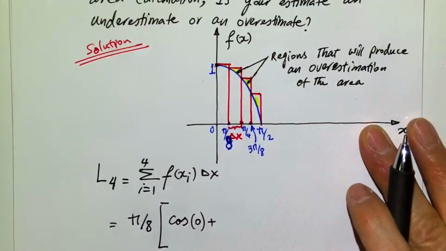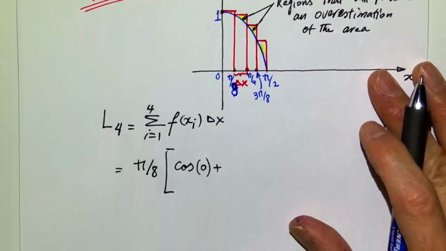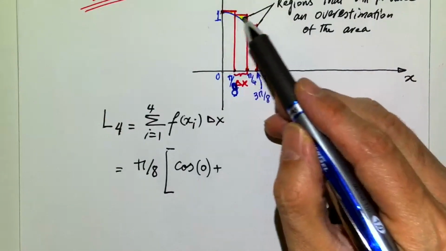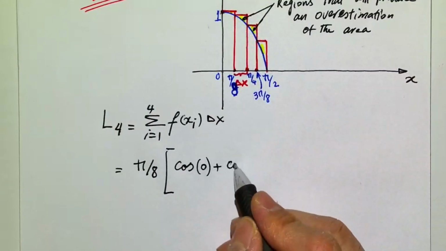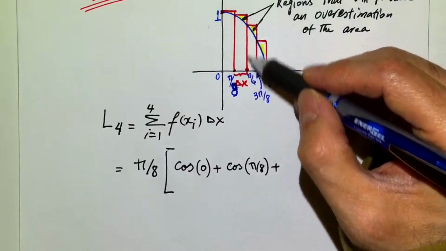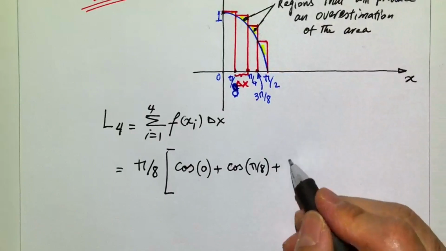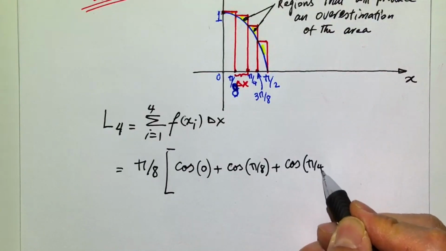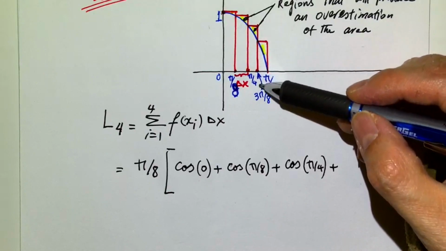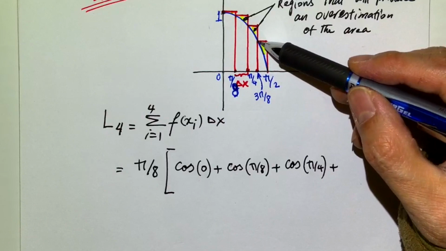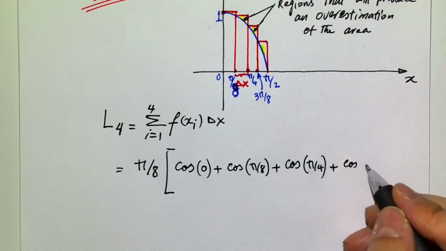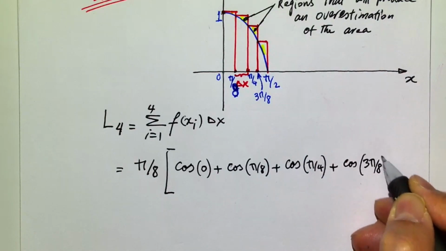The next left point for this rectangle is cosine of pi over 8, plus cosine of pi over 4, which is the left corner point for this rectangle, plus cosine of 3 pi over 8, which is the left point for this rectangle.